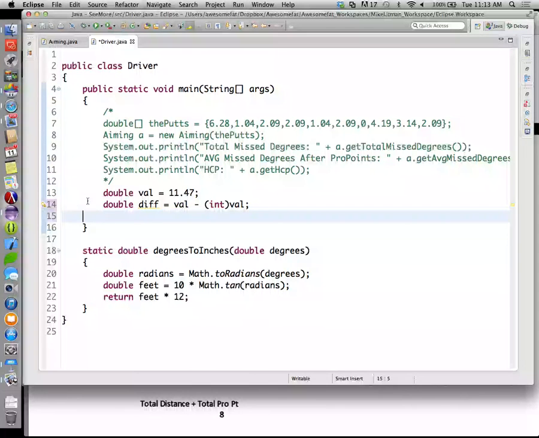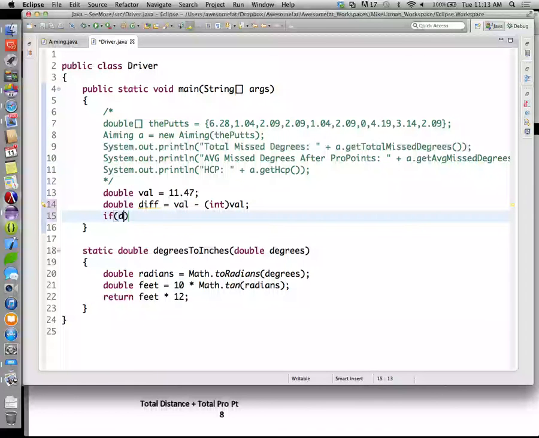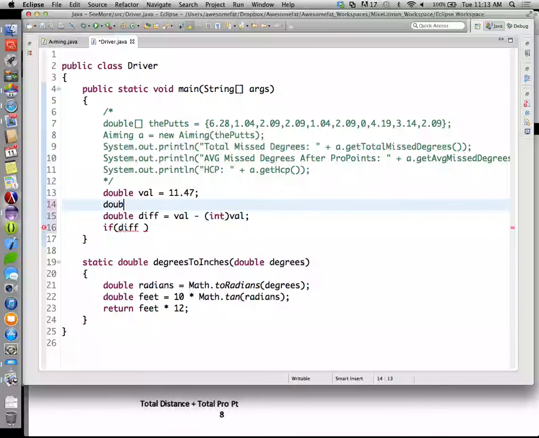Okay, so diff should be equal to, in this case, the 0.47. And actually let's say double base is equal to the int version of val. We'll just say base there.